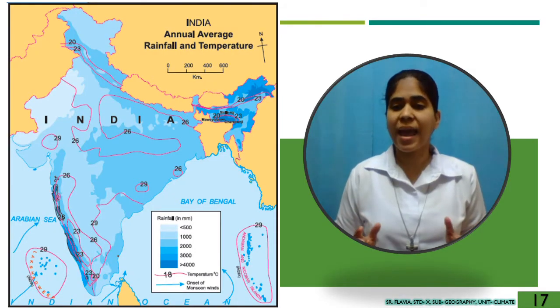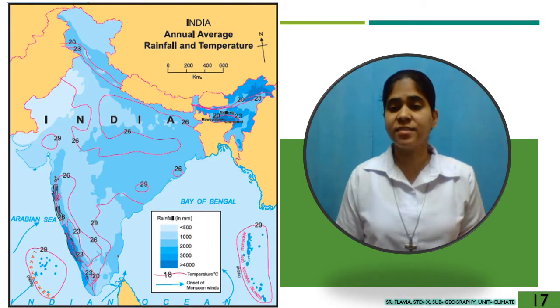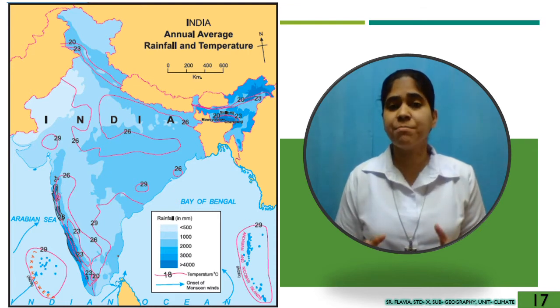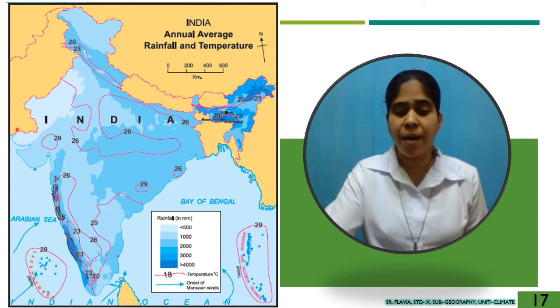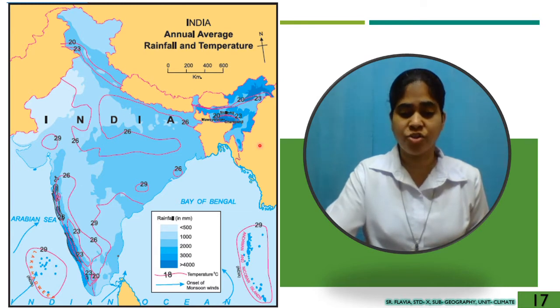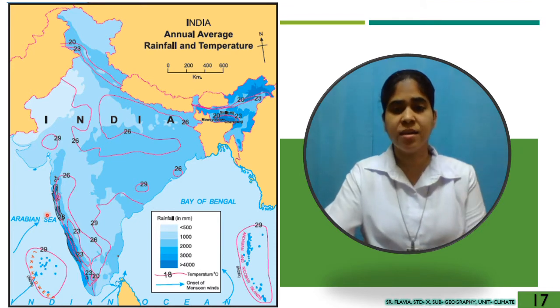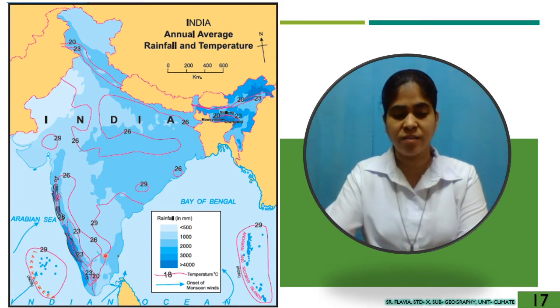Now we shall look at the different factors affecting the climate of India. This is the map of India, and the major part of India lies in the peninsular region. Here we see the Bay of Bengal, and here we have the Arabian Sea. But India receives rainfall from the southwest monsoon winds.